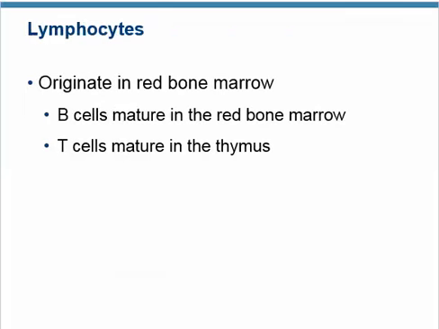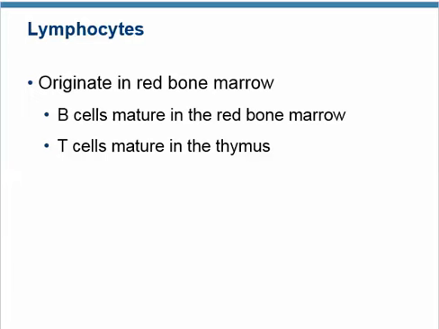Now, the lymphocytes all start in the bone marrow. They're the second most common, after neutrophils, of the white blood cells. Never let monkeys eat bananas.